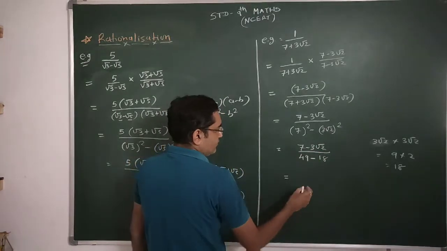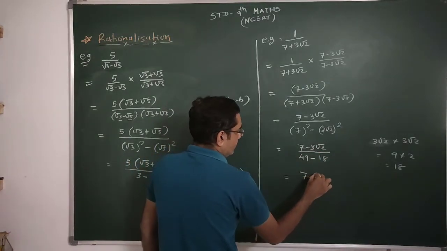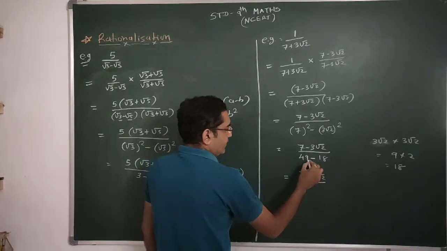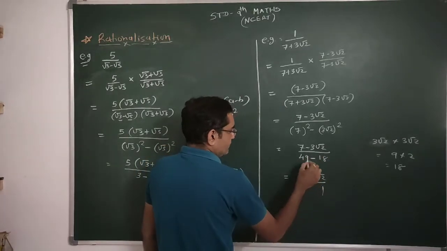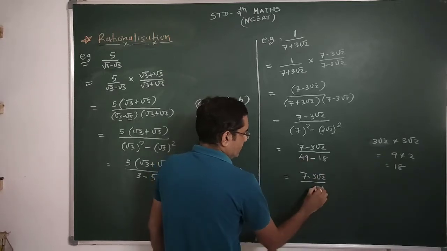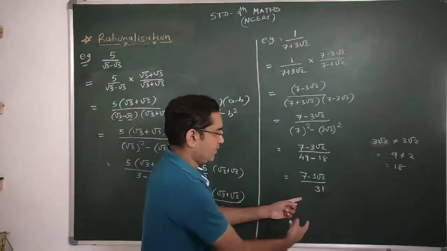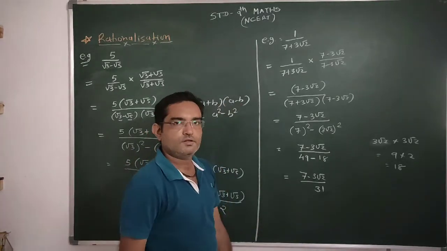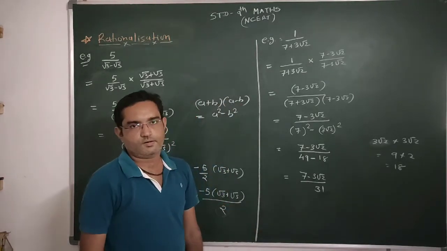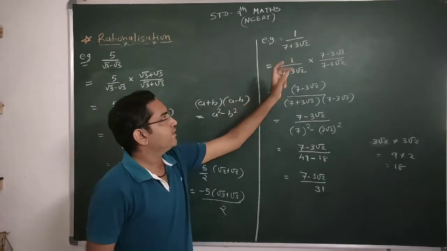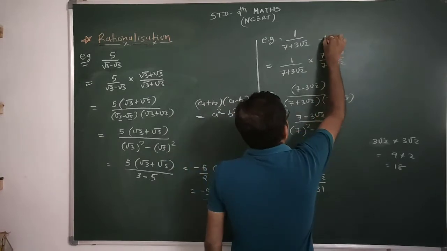So this is your answer, students. 7 minus 3 root 2 upon 49 minus 18, which is 31. Done? Now check the denominator. 31 is a rational number. In our given number, the denominator was 7 plus 3 root 2, which is an irrational number.